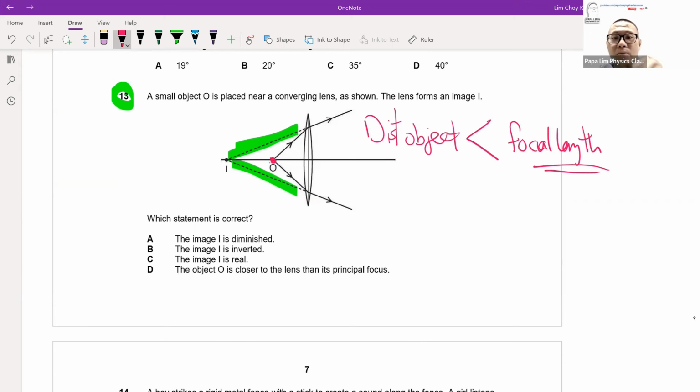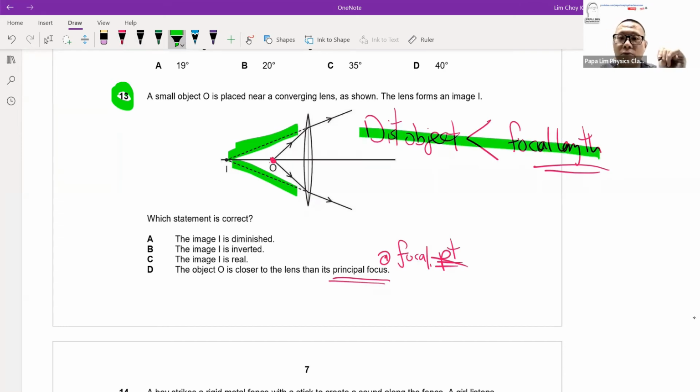And principal focus occurs at the focal point. So for a virtual ray to occur, the object distance must be less than the focal length, or what we call the principal focus.